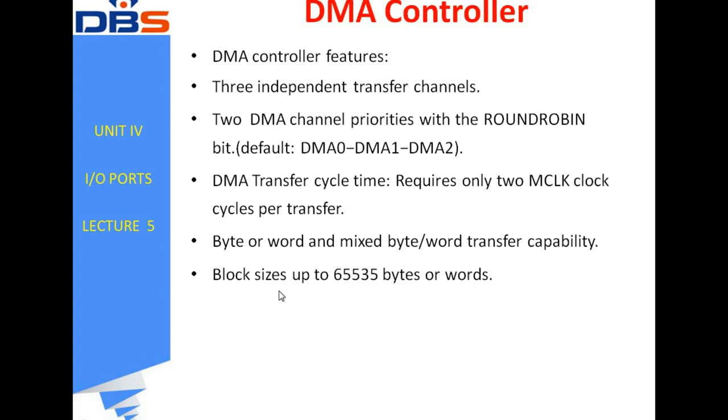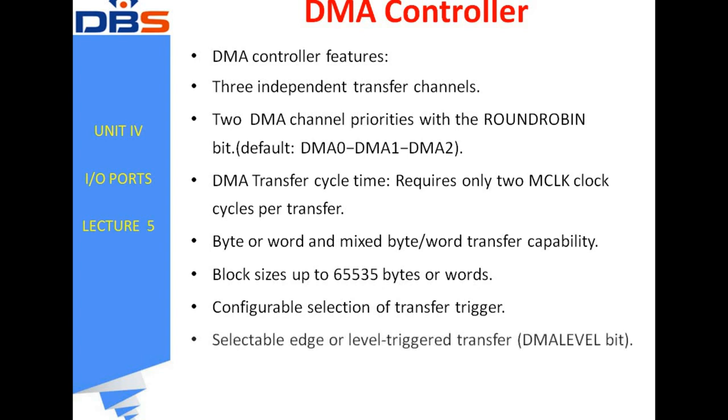The block size is up to 65,535 bytes or words, and also there is a configurable selection of transfer trigger. What is the meaning of configurable? We can make changes according to the usage. Selectable edges or level triggered transfer.